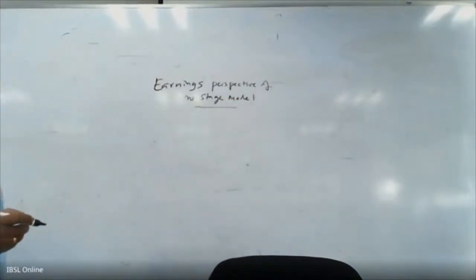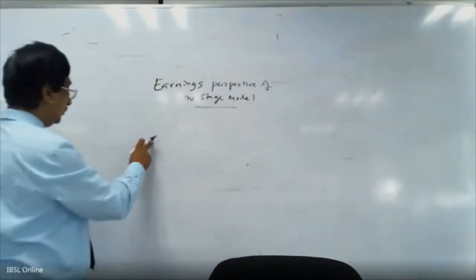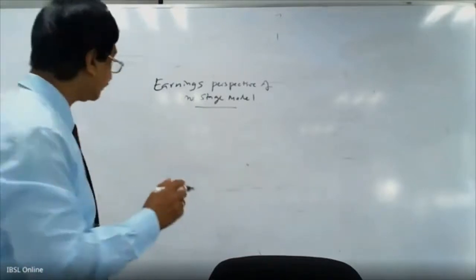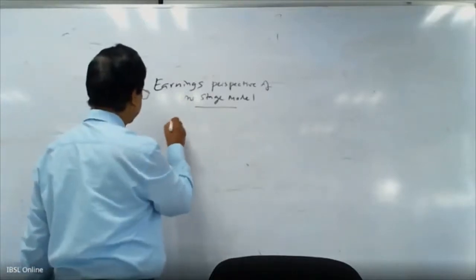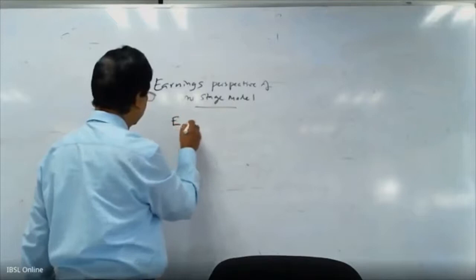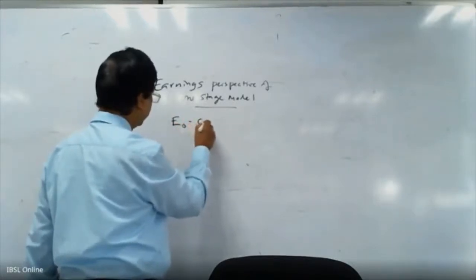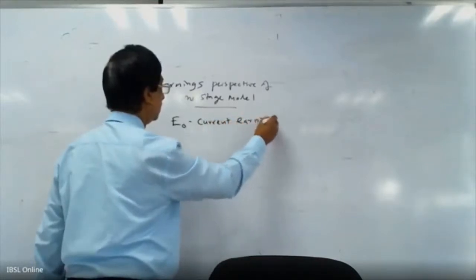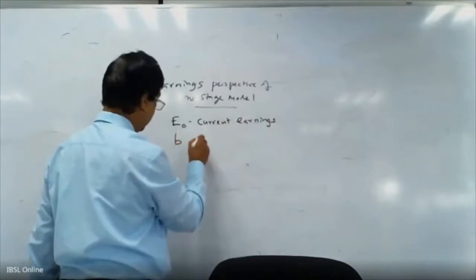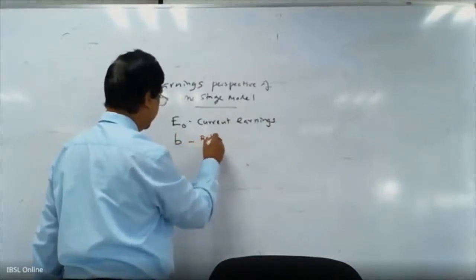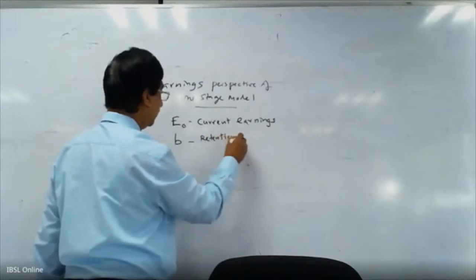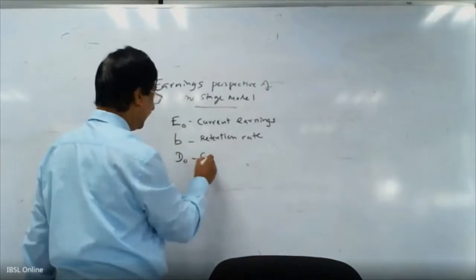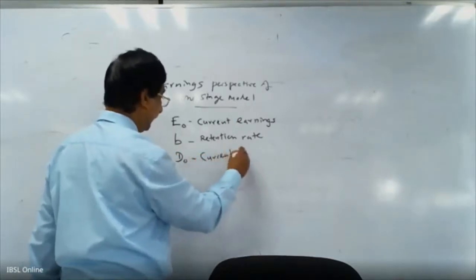We call it the earnings perspective of the one-stage model. Before going into that, we need to define these things. E0 is the current earnings, B is the retention rate, and D0 is the current dividends.